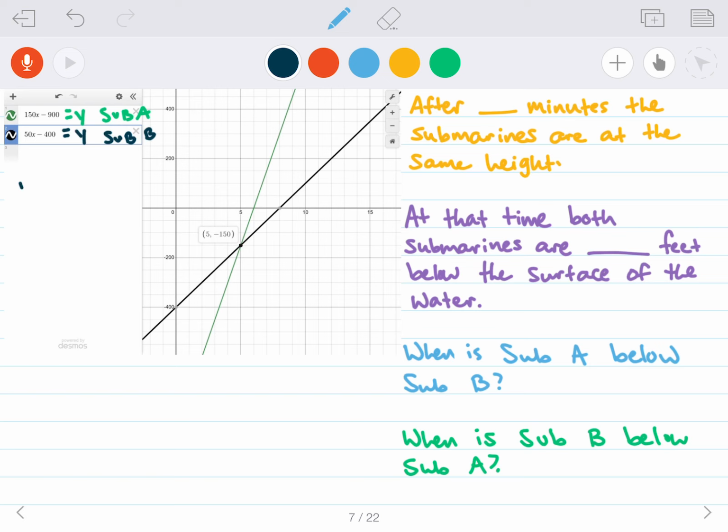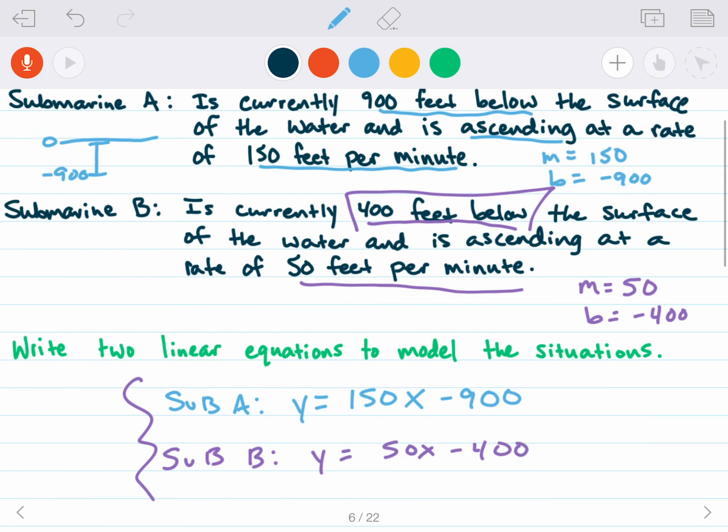Remember that we need to figure out what our variables are. So again, x is always time if we have a time variable. I shouldn't say always, but most of the time it is. So in this case, remember our time was minutes, right? Our slope was in feet per minute. Slope is change in y over change in x. So the y value is going to be feet, and the x value is going to be minutes, right?